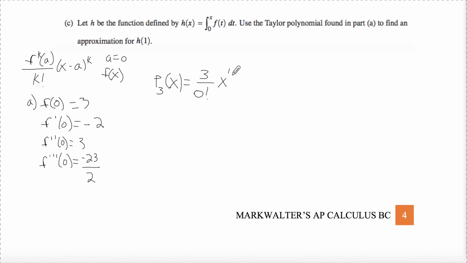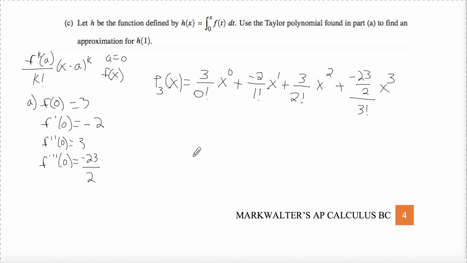A is 0, so it's just x to the 0, plus negative 2, my first derivative, divided by my 1 factorial times x minus a, but a is 0, so it's just x to the 1, plus 3 over 2 factorial, x squared, plus negative 23 over 2 over, this is my third term, so 3 factorial x cubed.